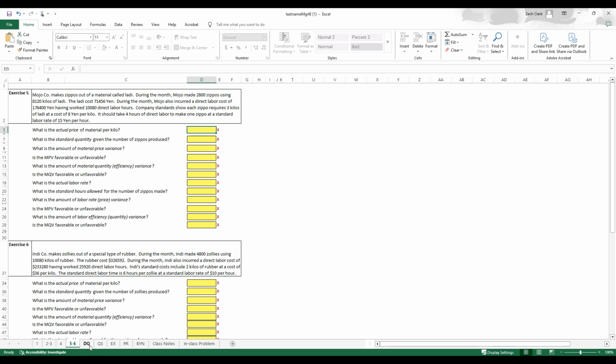Okay, while we're working on these kinds of problems, I'm going to skip over to exercise 5 and 6 and use our template again to solve through these problems. Let's create a new template here on the other side, and I will jump over.